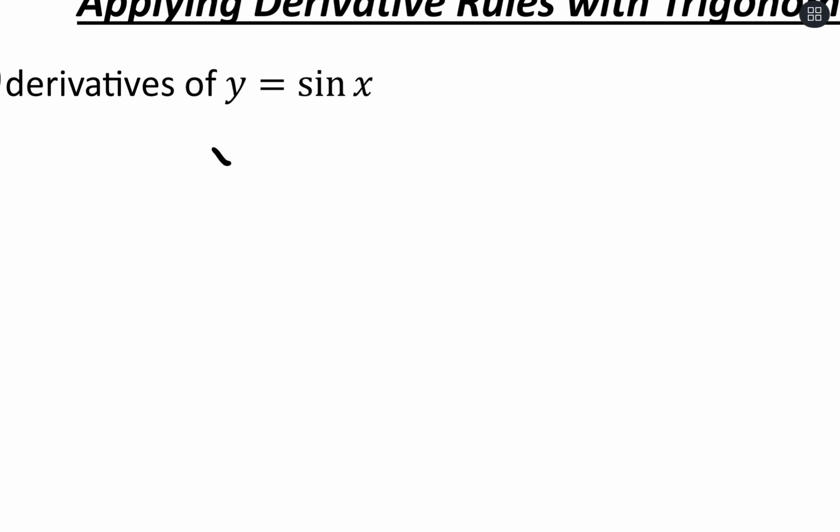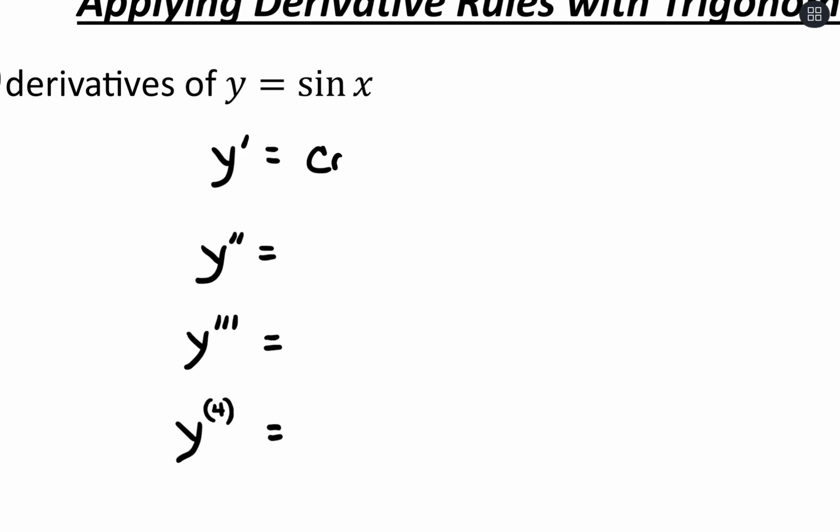So that means I'm finding y prime, y double prime, y triple prime, and 4th prime, which usually at 4 we switch over to numerical there and kind of just put it in parentheses. Okay, so derivative of sine of x is cosine of x.